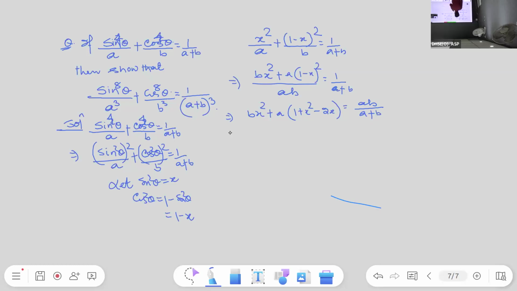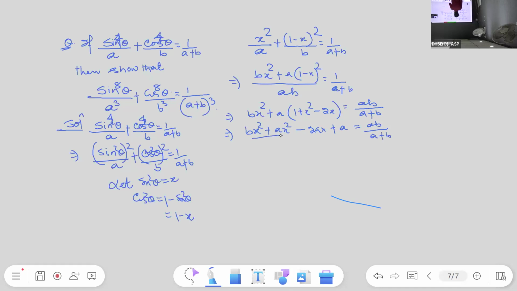So this implies bx square plus ax square minus 2ax plus a equals ab upon a plus b.